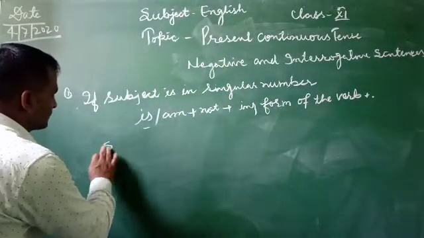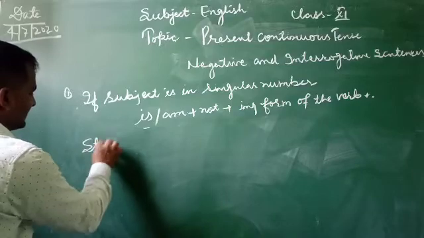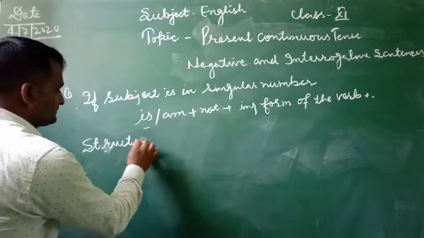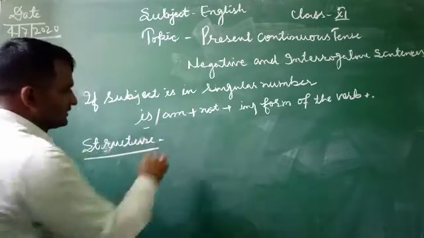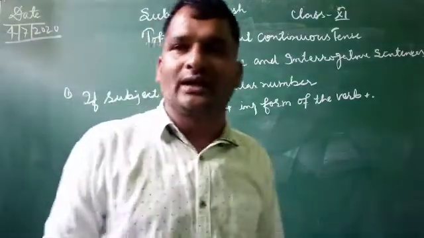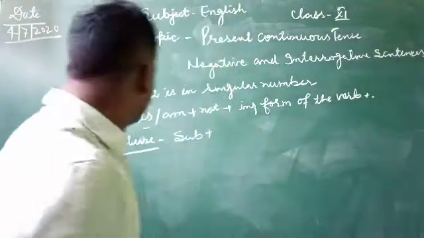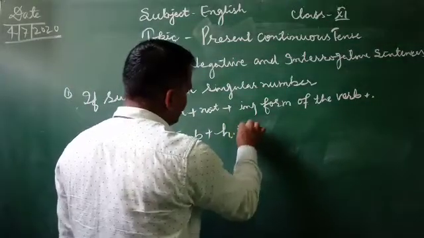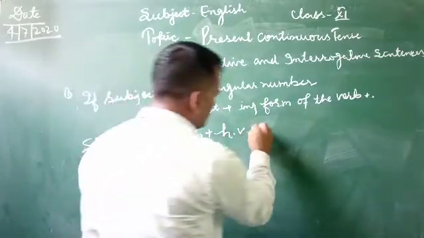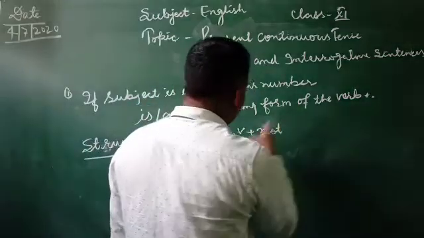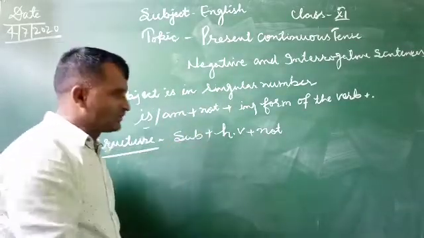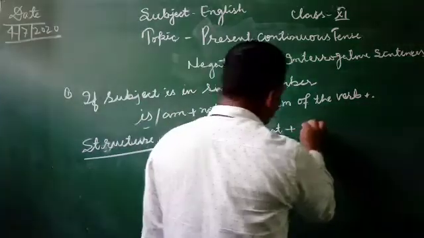So the formula structure of this sentence: subject plus is, am, are, which is called the helping verb of present continuous tense. HV denotes helping verb. Subject plus helping verb plus not. Always remember: subject plus helping verb plus not plus the ing form of the verb.